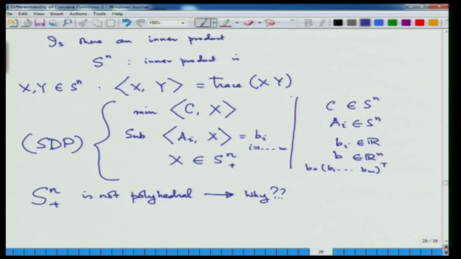I will try to explain to you in two different ways. Today, before I end this talk, I will try to explain one simple fact. If you take, say, n equal to 2, a 2 dimensional scenario, that is S2 plus, then S2 plus would consist of all 2 cross 2 positive semi definite matrices.